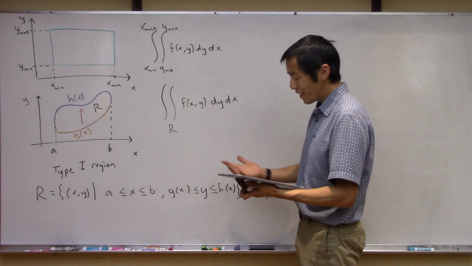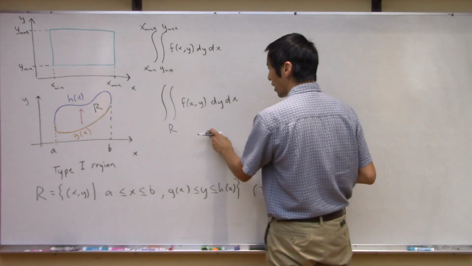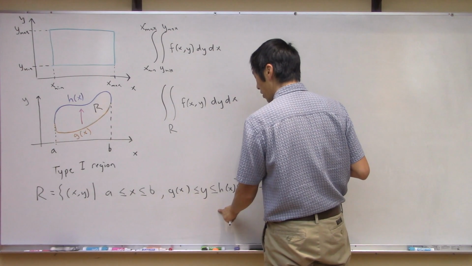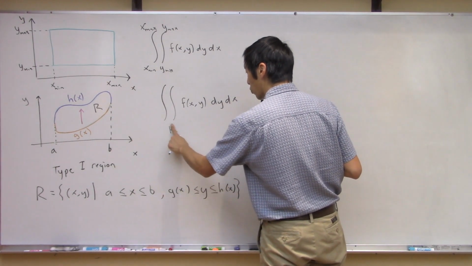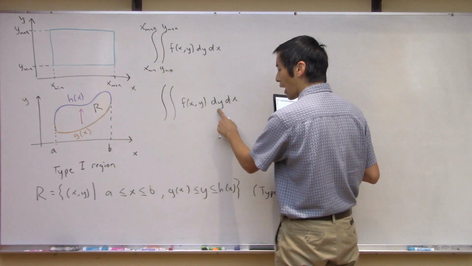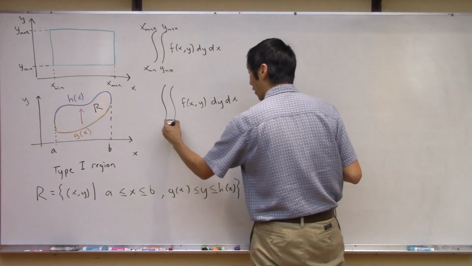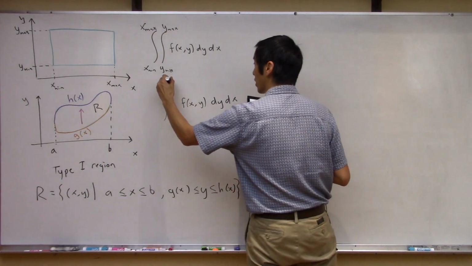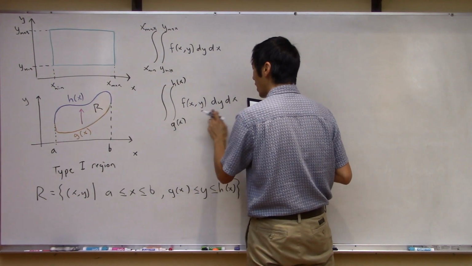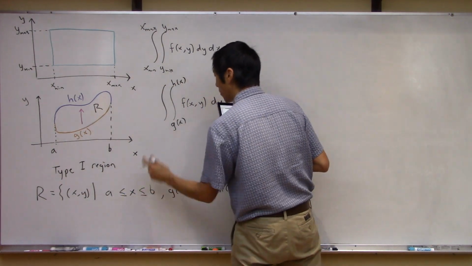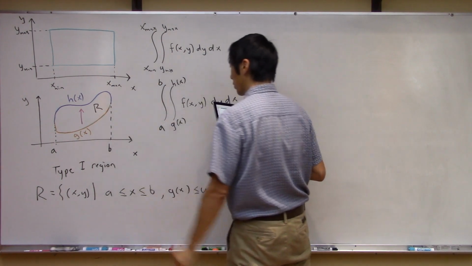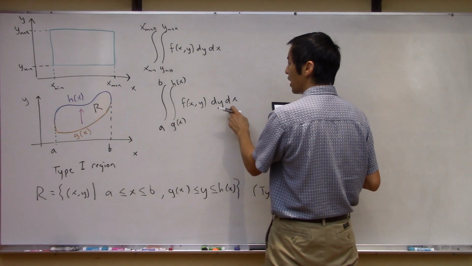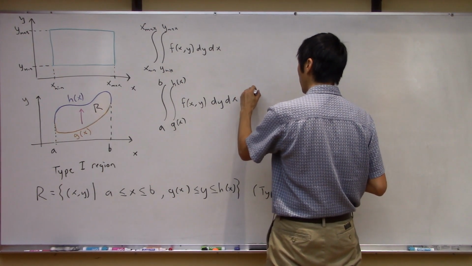So it's beneficial to write this region R in this fashion. So this double integral over this region, we see that y runs between a function now, g of x on the lower limit and h of x on the upper limit, and then x runs between a and b.